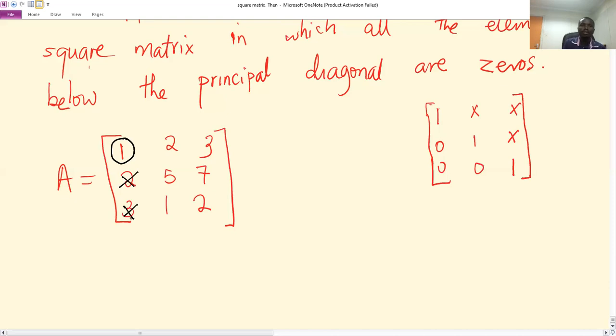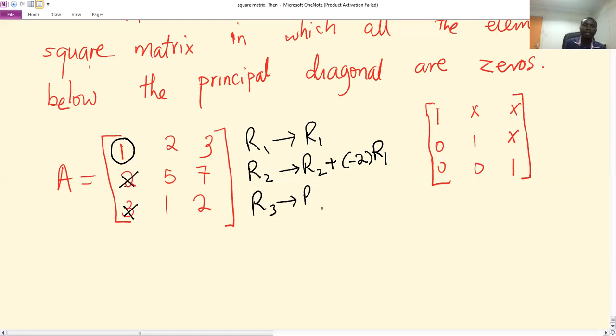This must also be 0. So we start by correcting this part. Row 1 remains row 1, row 2 becomes row 2 plus -2 times row 1, and row 3 becomes row 3 plus -3 times row 1, so that when you add, you get 0.